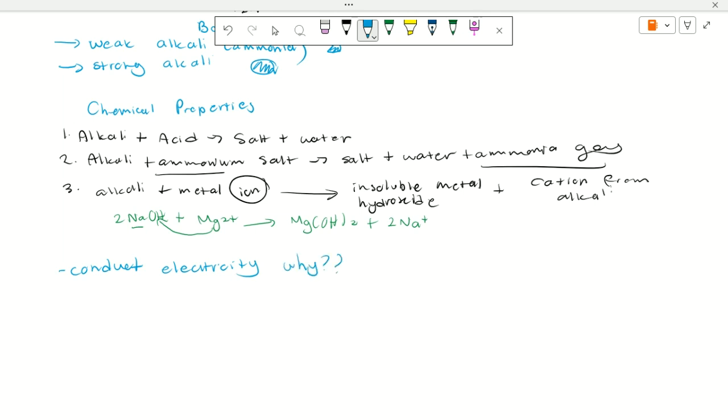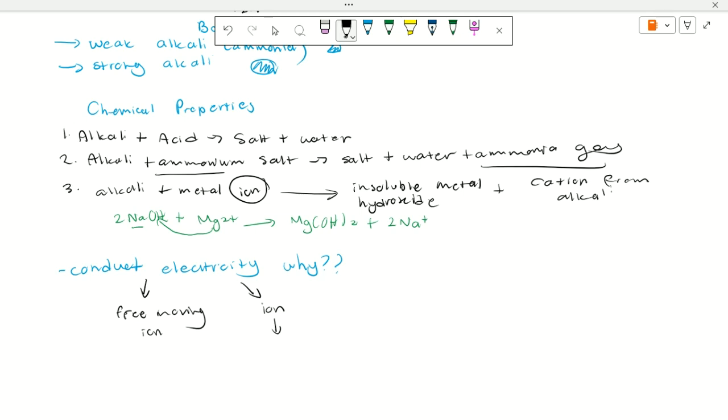Why? Because if it wants to conduct electricity, it needs to have either of these two. Free moving ion. This is the condition to conduct electricity, right? Free moving ion and ion.